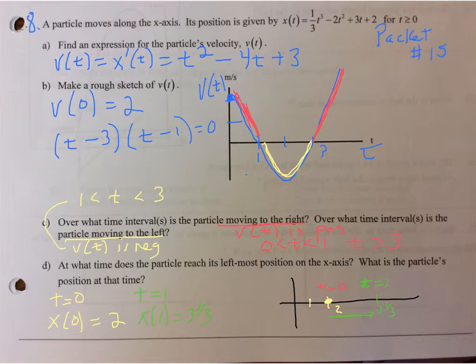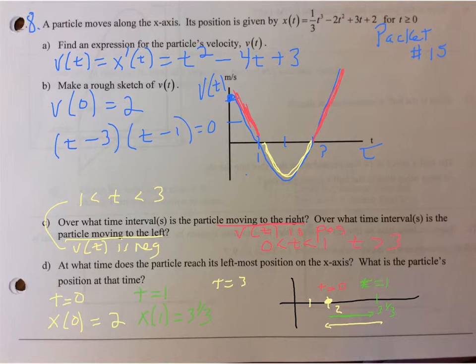But at the next point, the velocity is negative in this region between 1 and 3. So what that means is the particle is now moving to the left. It's sitting here, and now it's going to the left, and it goes to the left until t equals 3.